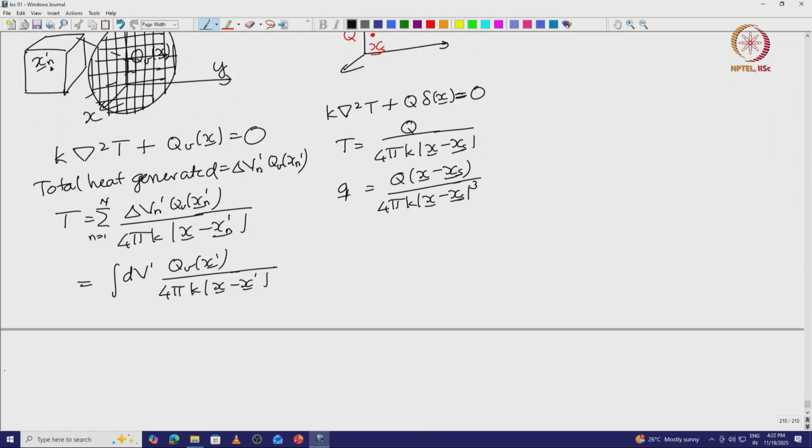So, that is the temperature field due to these source points.